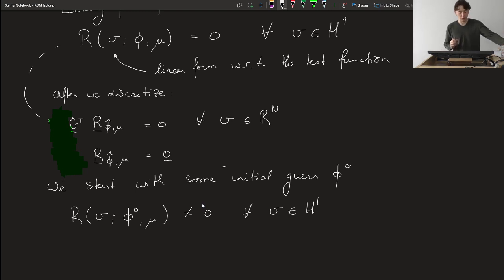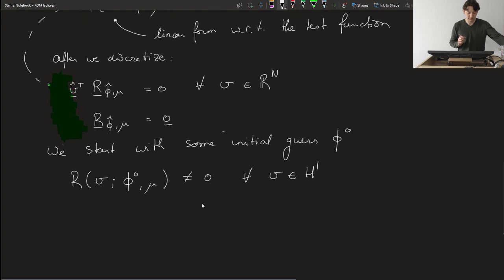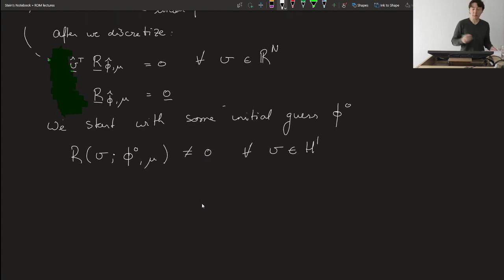At least not for every possible test function v. It might be 0 for some test functions v. It's certainly 0 for the trivial choice v equal to 0. But it's not going to be 0 for all possible choices of test functions. That's our demand. That's what we're looking for.